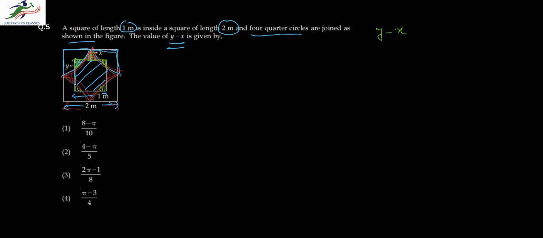So which means if I take the area of the smaller square minus 4y, which is these 4 small quarter circles, then I get this area, and to that I will add the 4 small areas, which is denoted by x.